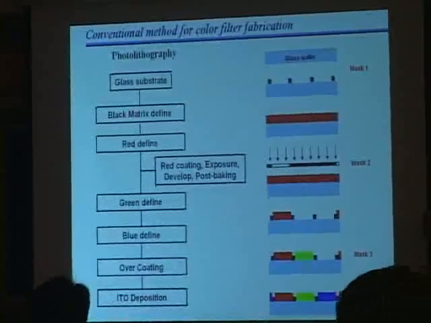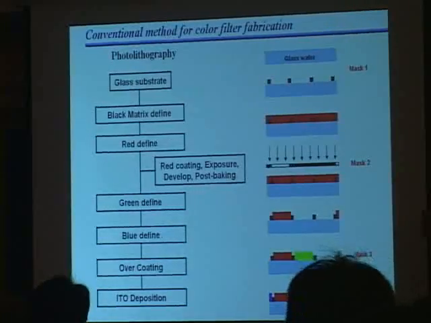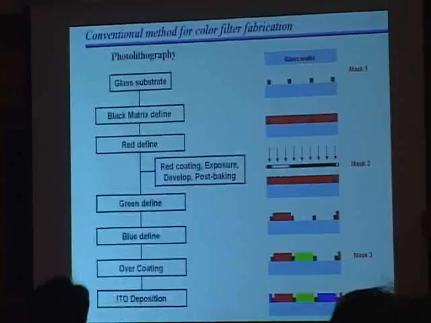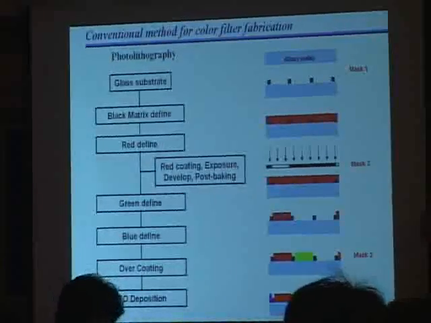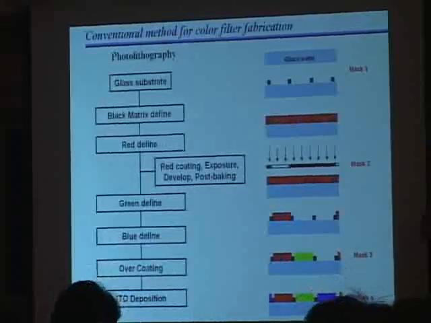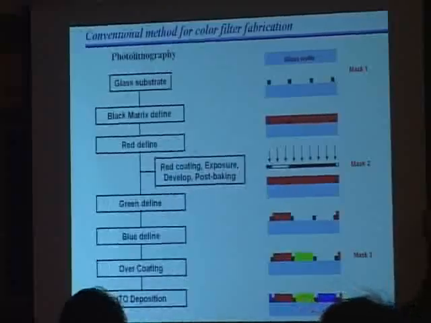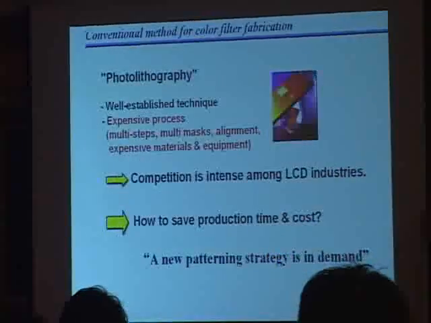So total steps will be quite many. So the interest here is how can we reduce the number of steps using unconventional lithography and possibly with inkjet printing. That will significantly reduce the time and cost in black matrix fabrication.